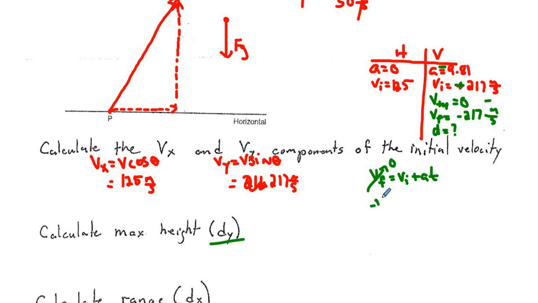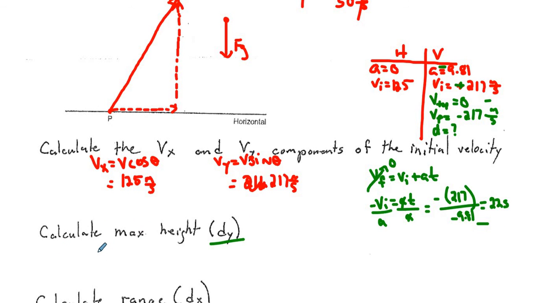Then I subtract my VI, that equals AT, and then divide by A. So this becomes the negative of my initial velocity of 217 divided by negative 9.81, and so I got a time of 22 seconds. So that's 22 seconds to the top.